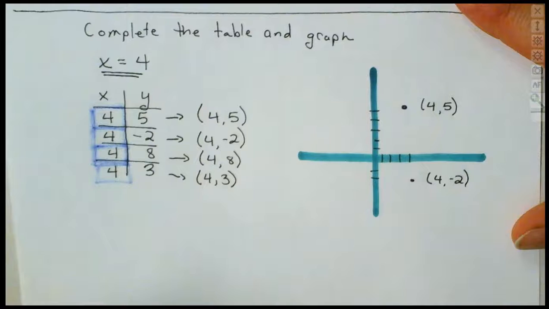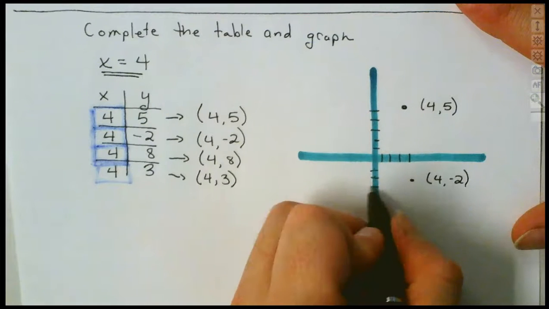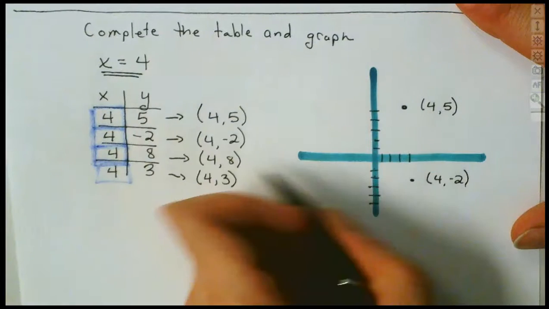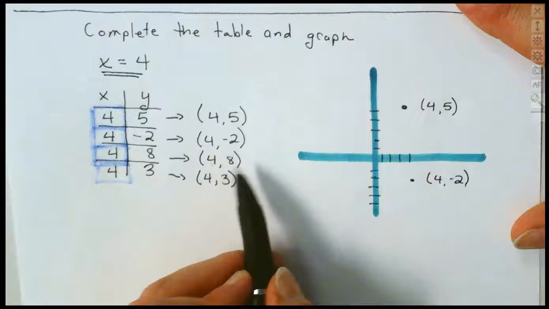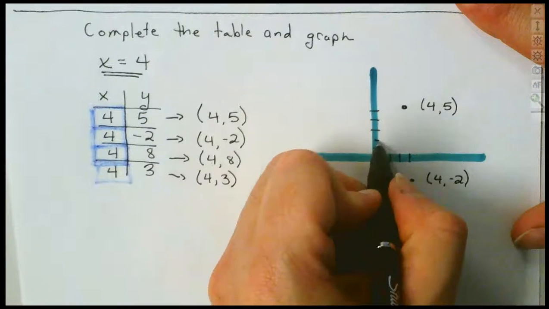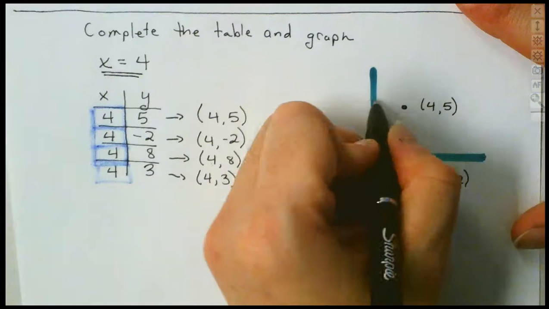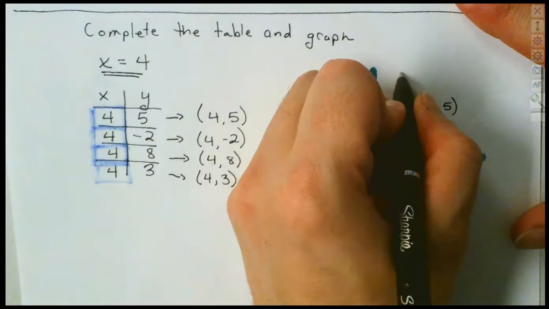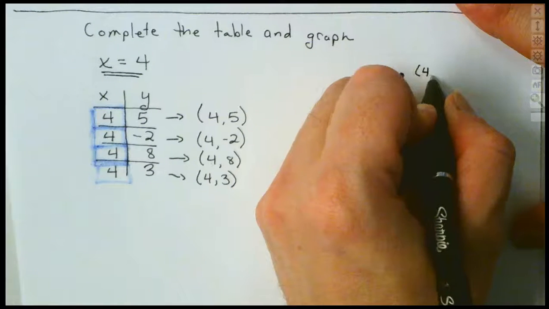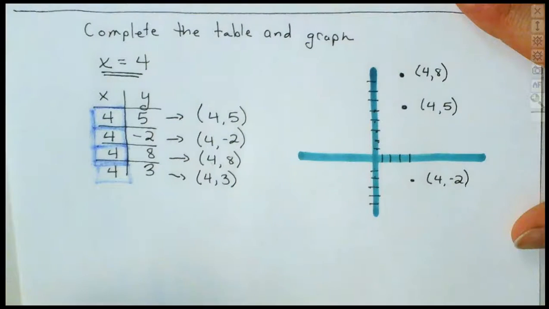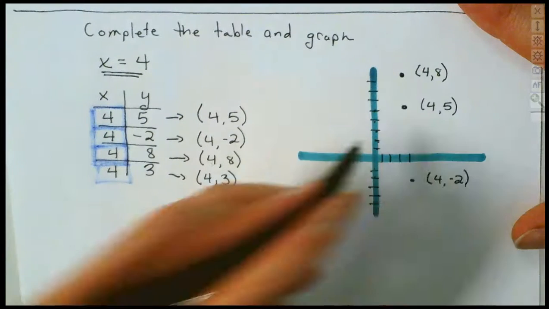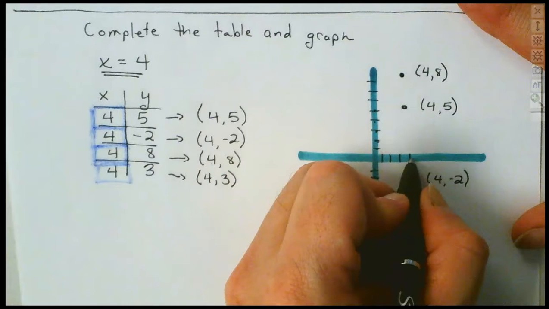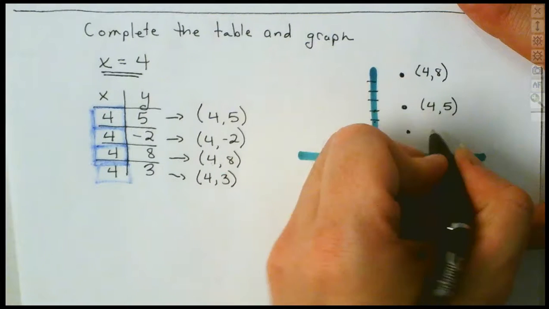The next one's at 4, 8. Oh, let me go in the positive direction, because 4, 8 will be up 8. So it's going to be 1, 2, 3, 4, 5, 6, 7, 8. So it's going to be clear up here at 4, 8. And the last one's at 4, 3. So that's over 4 and then up 3.